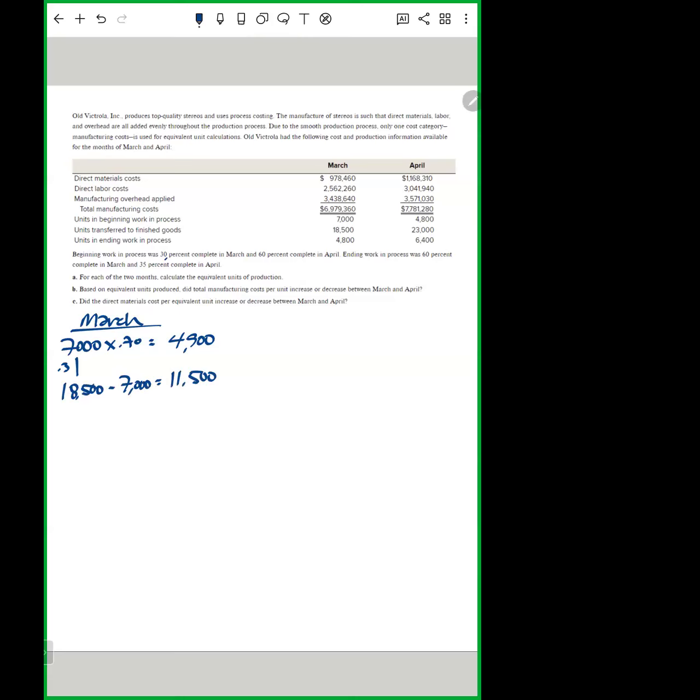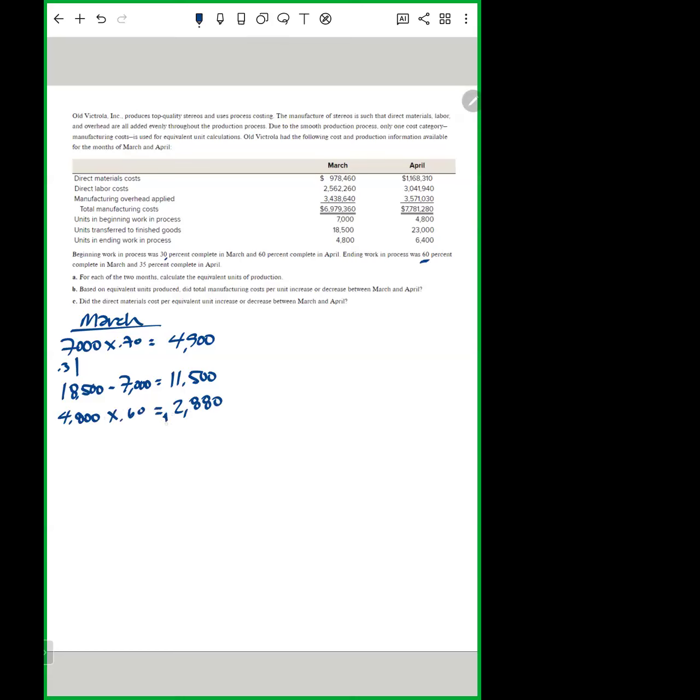And then the next thing it says is ending work in process is 4,800 units. And the ending work in process is 60% complete with respect to March. So that was done during March, and the remaining 40% will be done in April. So we can multiply that times the 0.6. All right, let's throw that in my calculator so I don't screw that up. All right, I get 2,880 units.